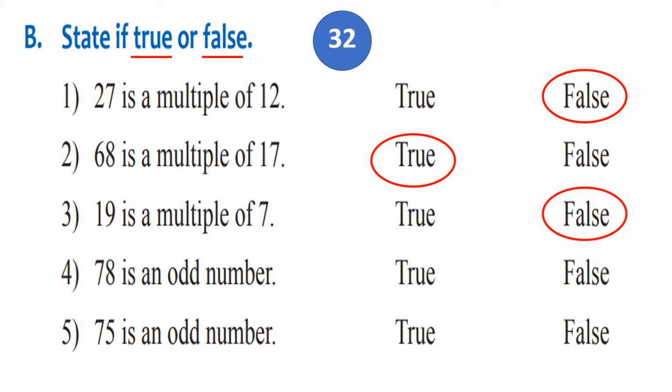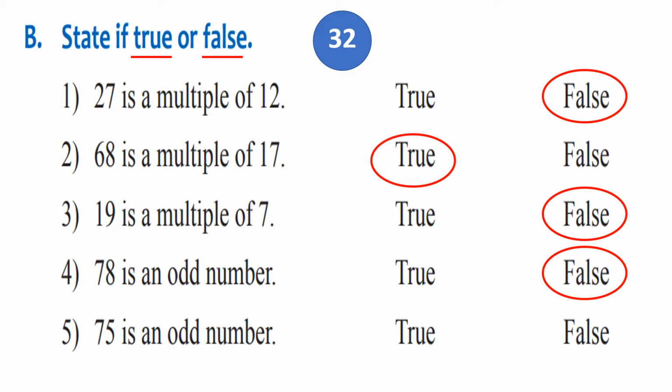Number 4. The number 78 is an odd number. True or false? The last digit is 8. This is an even number. False.